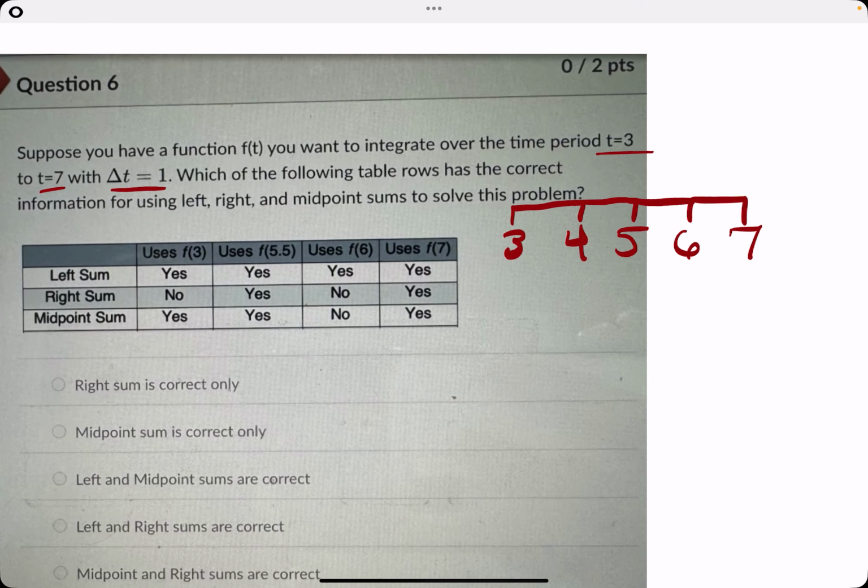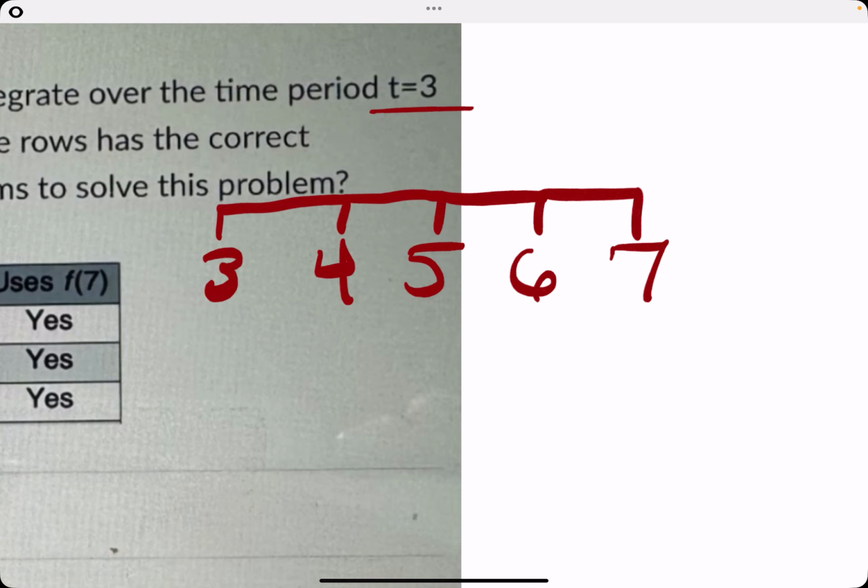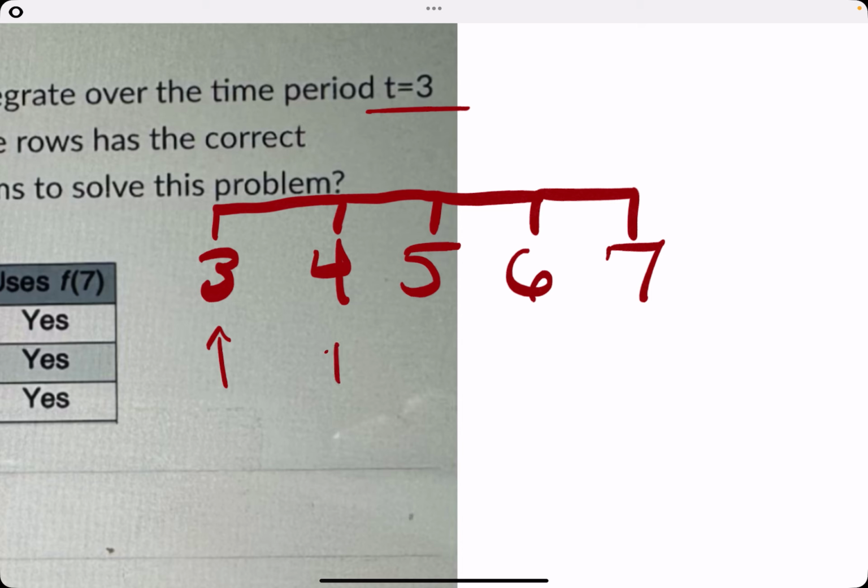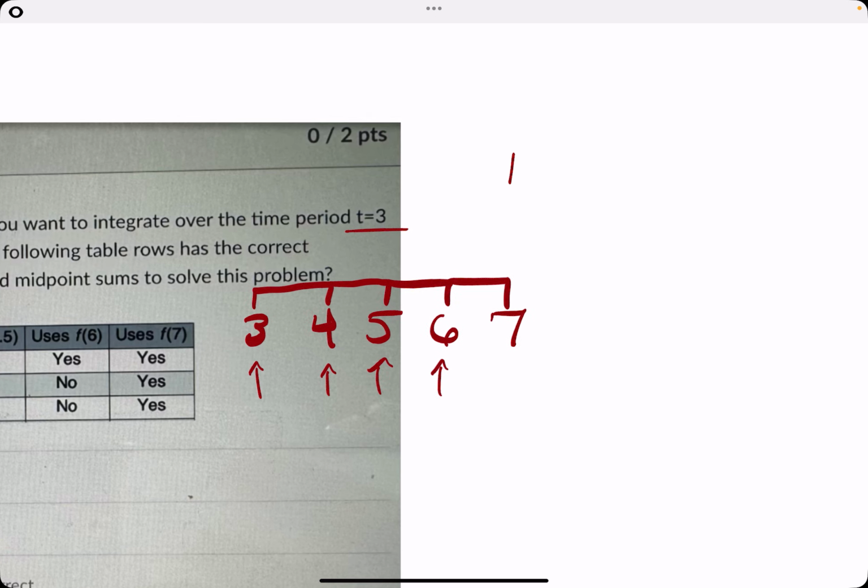Okay, interesting. So let's talk about a couple things. For a left sum, we would use the f values that come from these x values. In other words, we use the leftmost values and we leave off the 7 for a left sum. So a left sum would use 3, 4, 5, 6.